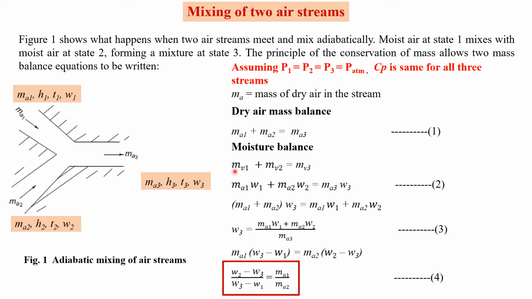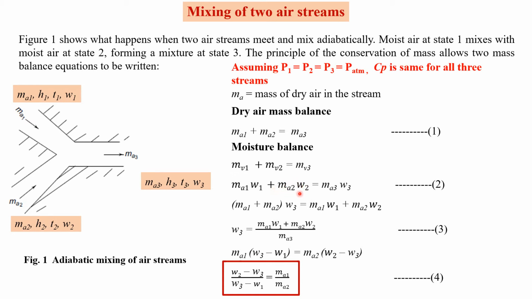So Mv1, as we know, we can always express this mass of the water vapor in the first air stream in terms of the mass of the dry air and its specific humidity. So Mv1 can be expressed as Ma1 into omega 1, where omega 1 is the specific humidity of the first air stream. Likewise, we have omega 2, the specific humidity of the second air stream, multiplied by the dry air mass.